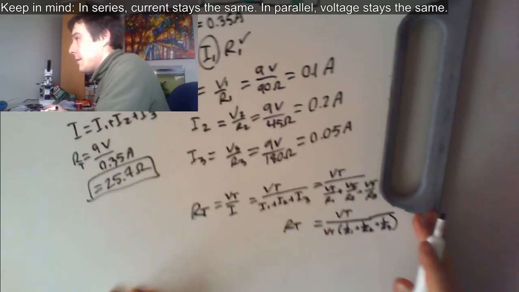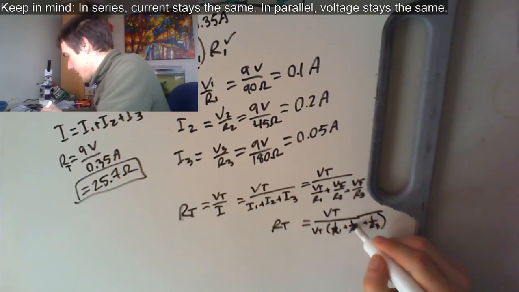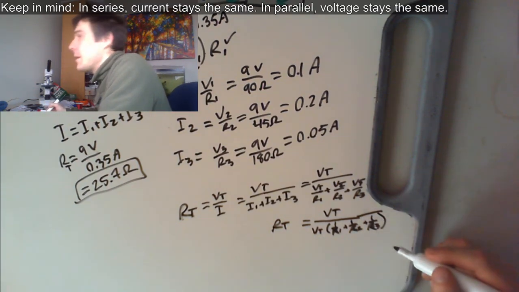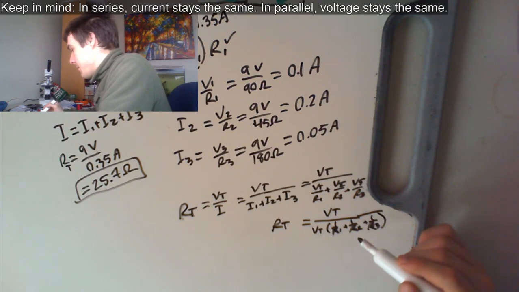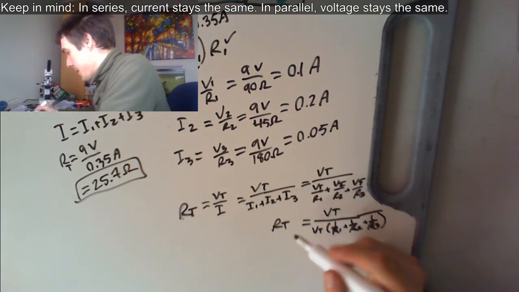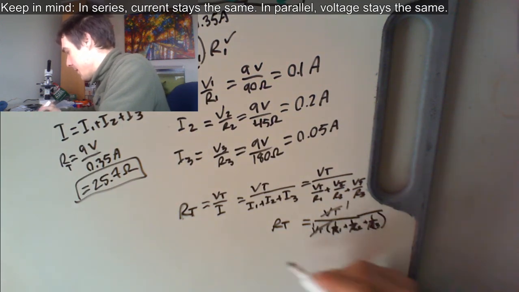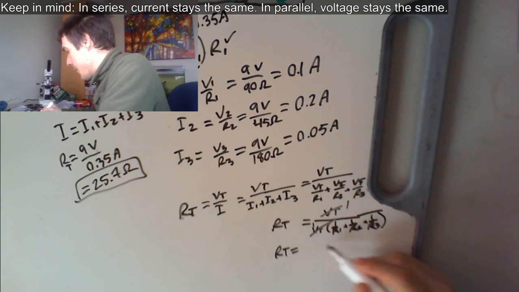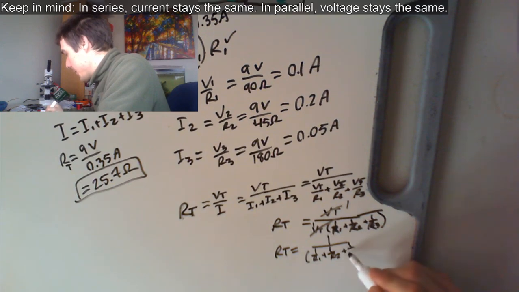It's an interesting setup, because when we cancel this out, RT becomes 1 over R1 plus 1 over R2 plus 1 over R3.